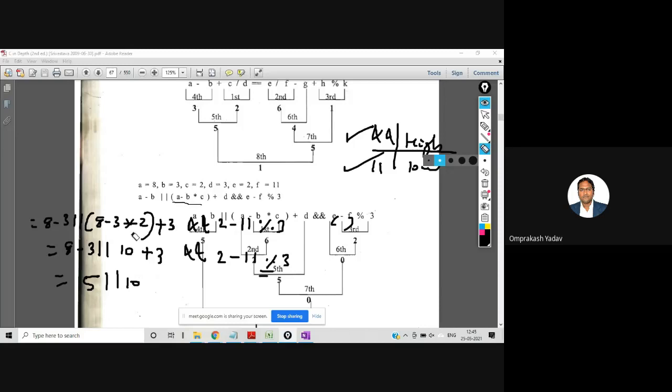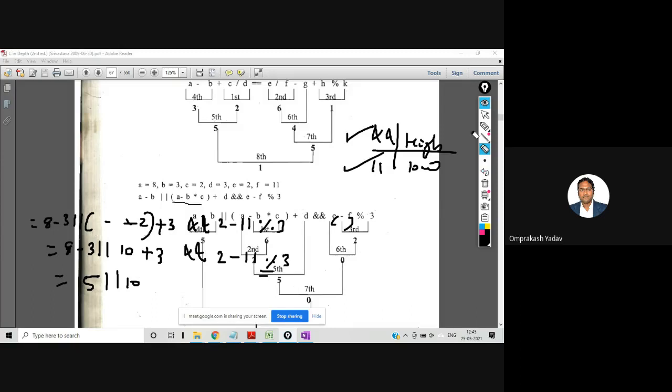This is there in the entire bracket, so the entire thing will be solved, and the bracket value will be 2. In the bracket we have to solve everything, but since multiplication is there, you have to solve that first and then the minus.